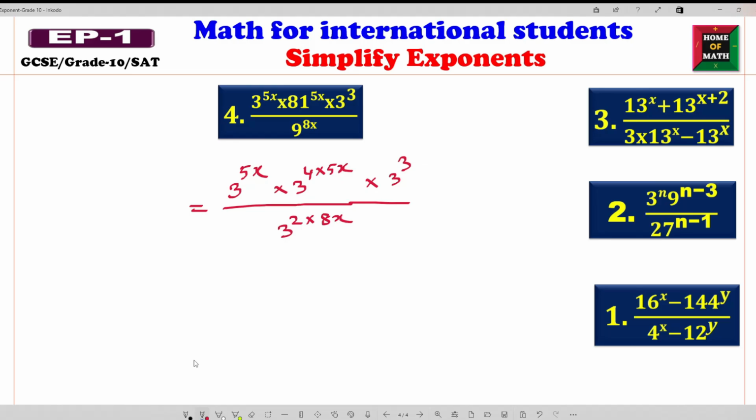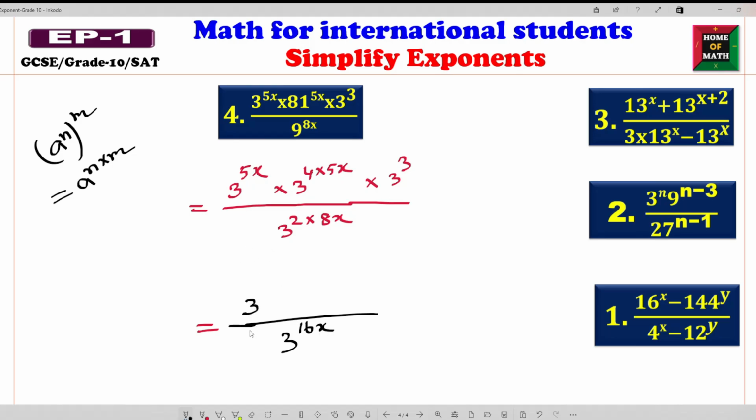Okay, look how we write this one, because a to the power n to the power m, we can write a to the power n times m. Okay, now look, this one 3 to the power 8 times 2 means 16x. In the numerator here is 3, all bases are the same, so we can add all the powers.